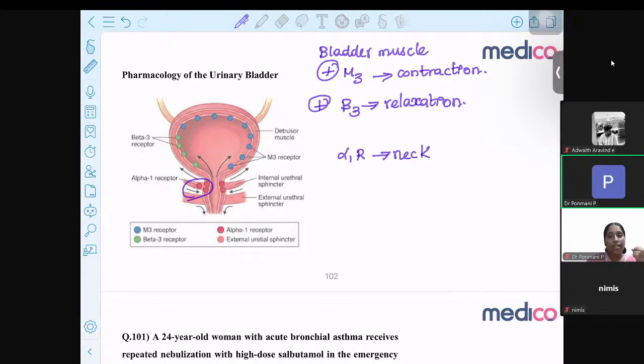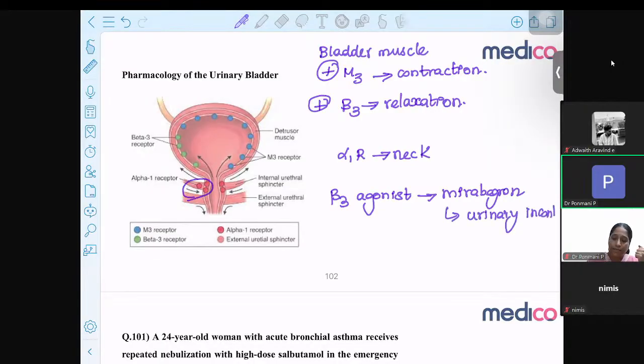Now, what are the drugs which are available? You have a beta-3 agonist, called mirabegron. Since it is causing relaxation, it is used for urinary incontinence.